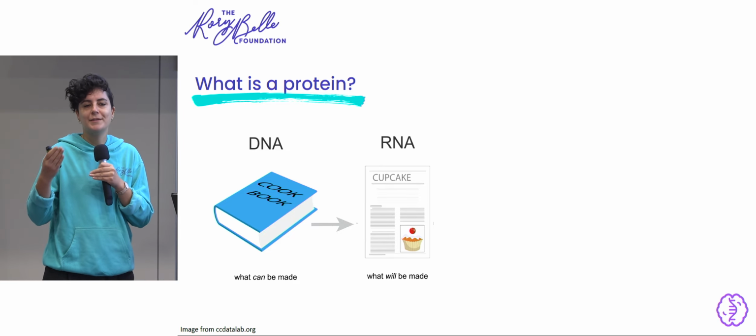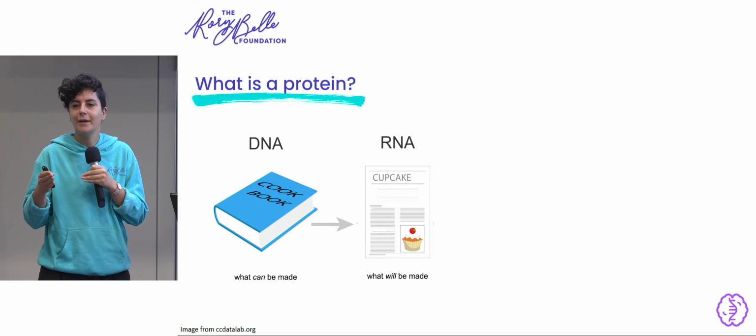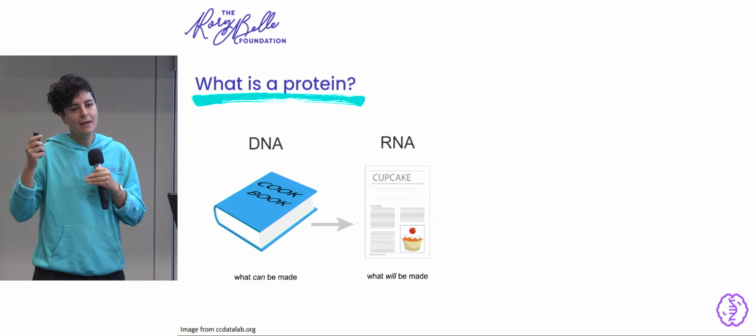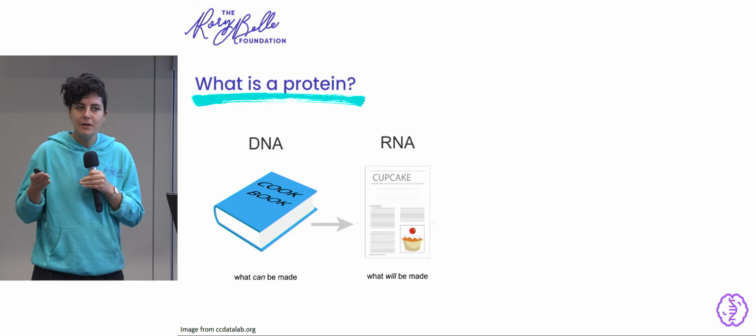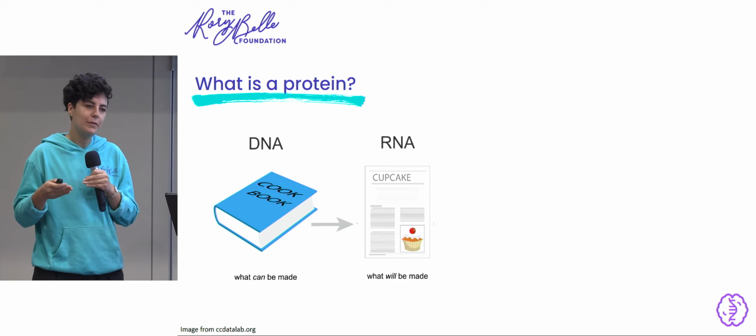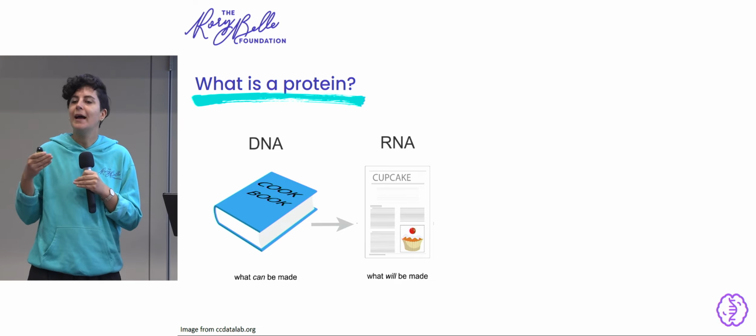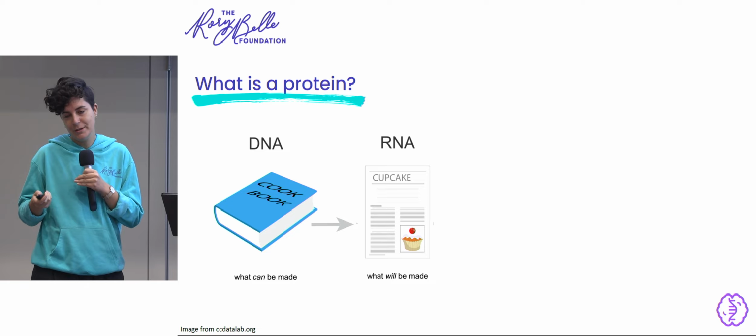And I'll keep this analogy so you can understand, hopefully, what I've been talking about. So the RNA is the information on how the final functional tool is going to be made. So this is the recipe that has the different instructions for what's going to be made.